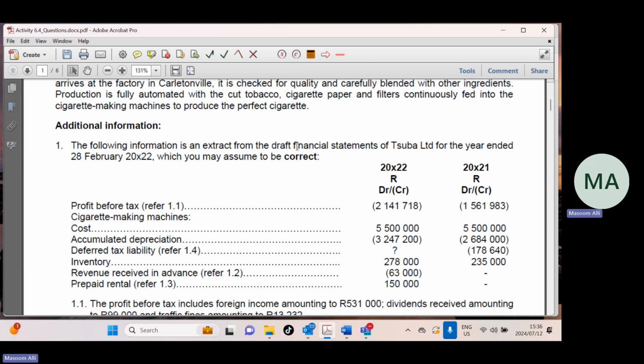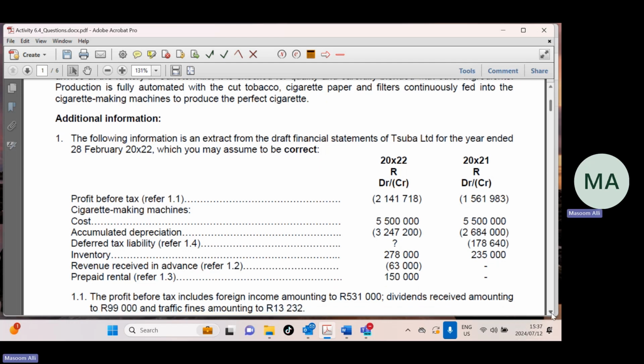So what it means is that there are going to be certain transactions that are outstanding, and that we need to account for when we are compiling our financial statements. So it could be transactions or adjustments that still need to be accounted for. Right.